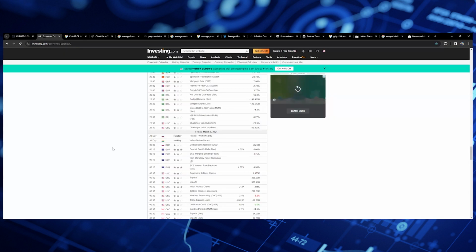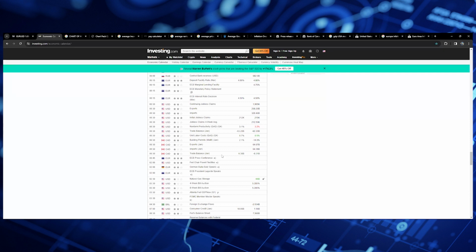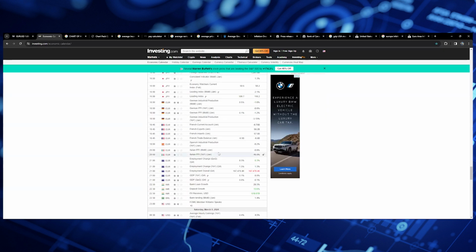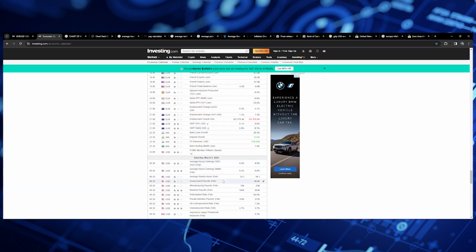What else do we have? Press conference, and then we have GDP for Europe year over year, quarter over quarter, and we have non-farm payroll coming at 190,000. All right, this is the forecast for the NFP.